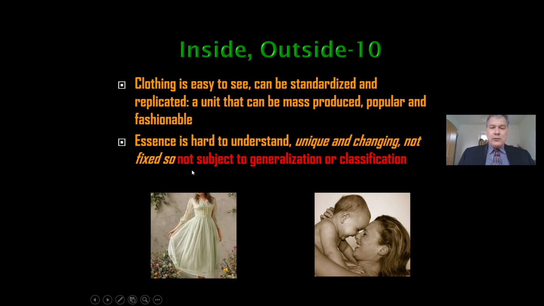And you can do very popular things with this, and you can introduce fashions. But the essence, which is harder to understand, is unique and changing. You cannot standardize. You will try to, because superficial attention and mental inertia always tries to fix and standardize everything for ease of communication.